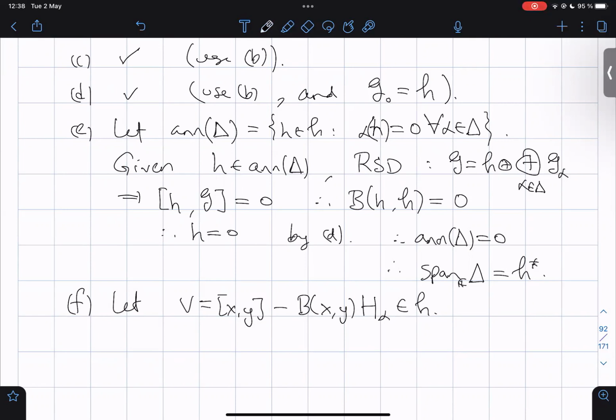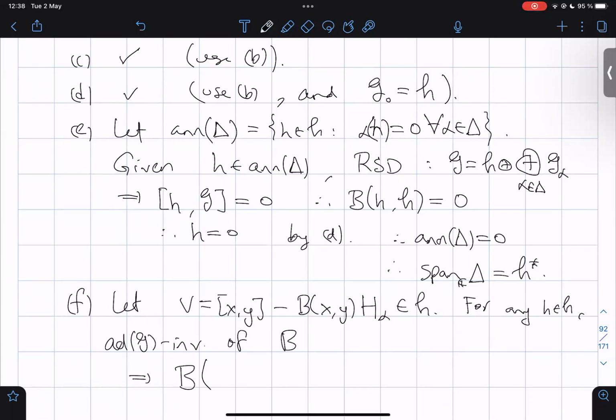For any element of the Cartan subalgebra, we have this nice invariance of the Killing form. So let's just write that out.